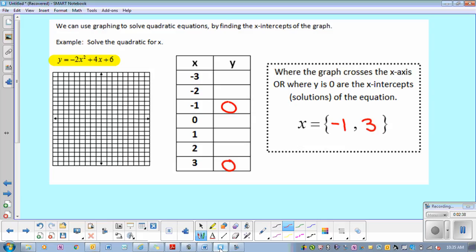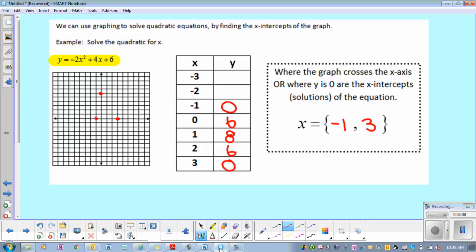So you know what? I'm going to graph this. -1, 3. Guys, can you give me some of the other points? What's my y value when my x is 0? 6. Okay, so 0, 6. 1, 2, 3, 4, 5, 6. How about for 1? 8. Okay, how about for 2?